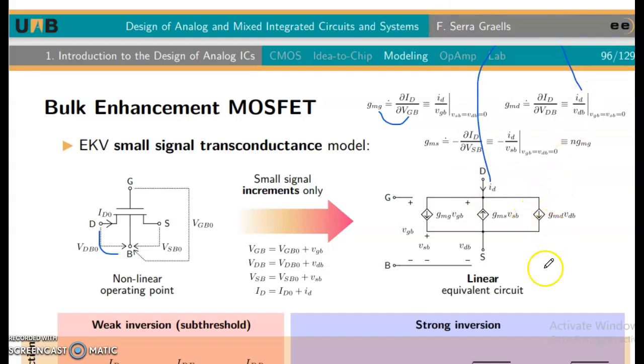Where is VDB? This one is 0. VGB is 0 here, and VSB is 0 here. Then see the direction: this one coming here, this one going up, this one down.